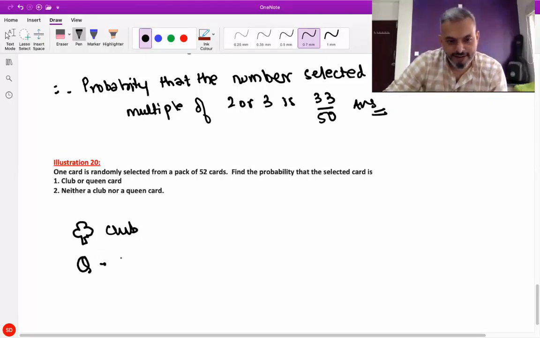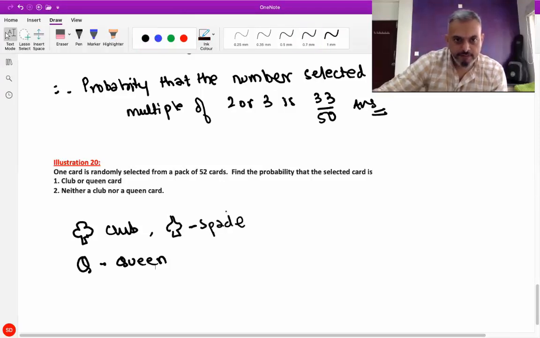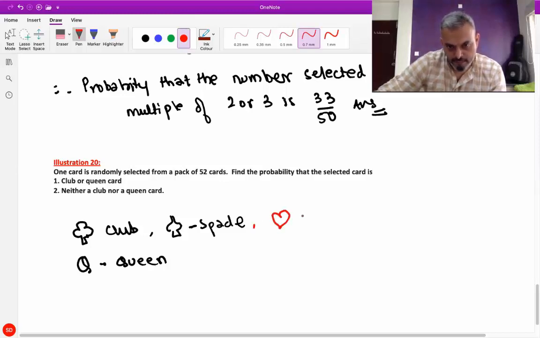ऐसा हम मान लेते हैं. So queen. Now club के अलावा क्या symbol है? Club के अलावा है spade, then heart, and then diamond.